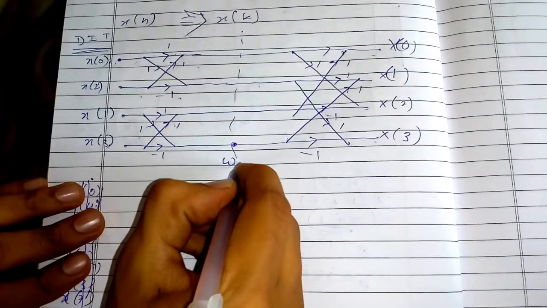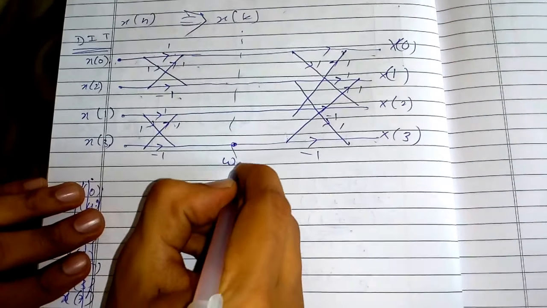Okay, now we have to find y of k. Y of k is nothing but x of k multiplied by h of k. So x of 0 into h of 0 will be y of 0, which will come out to be 208.